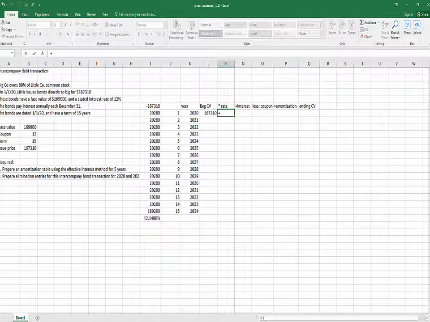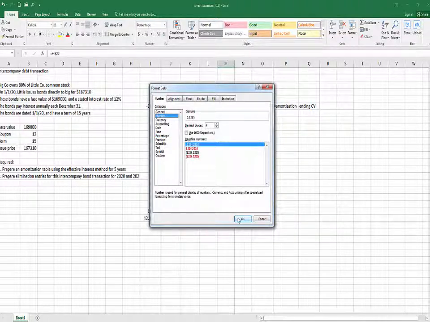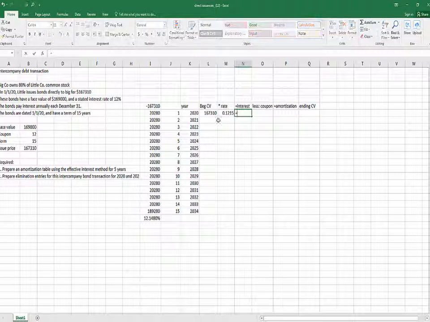The effective rate is that, and I'm going to use my dollar sign there to make that a permanent reference. Interest expense or revenue, that times that. Coupon interest, that. Amortization, that minus that. Ending carrying value, beginning carrying value plus the amortization.